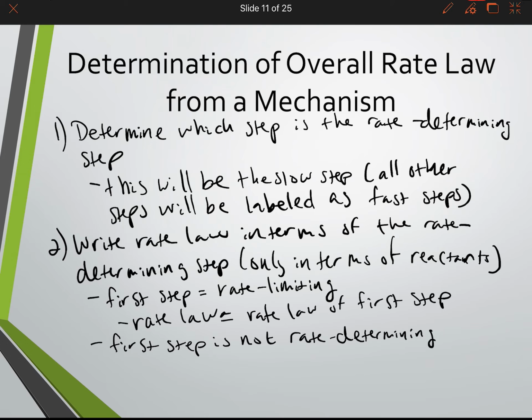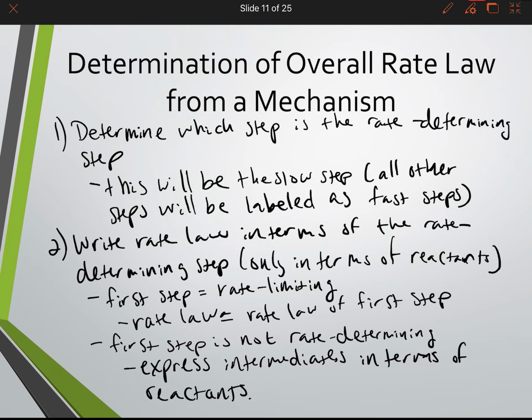So if we don't have our first step being our rate determining step, we must express intermediates in terms of reactants. So I will go over an example of each of these so you guys can better understand what exactly I'm talking about.